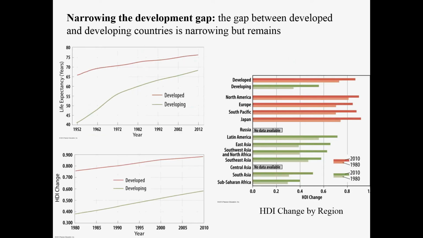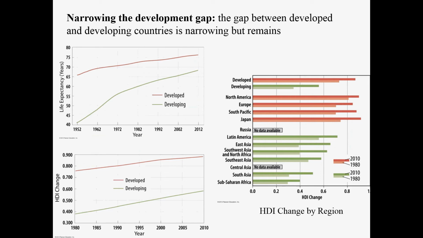Also, we can see from this slide that over time, the developing regions and developed regions, the level of human development index seem to get closer. So the gaps tend to be closing.